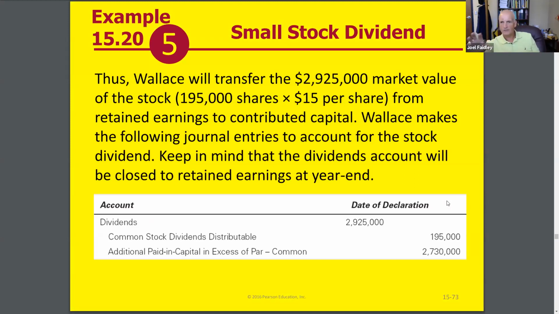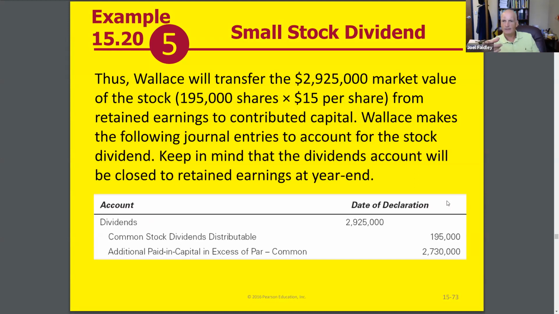Then the question is, what dollar value? Because this is a stock dividend, what dollar value are we going to reduce retained earnings by to make this happen? Well, we're going to use $15 per share, which is the market value of the stock. It's what it's trading hands for in the open market right now. So 15 times 195,000 is your 2.925 million. Common stock dividend distributable.